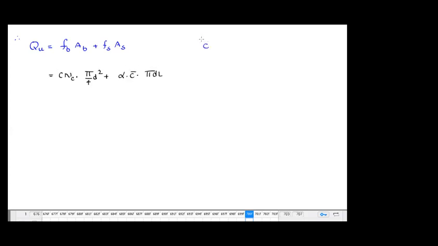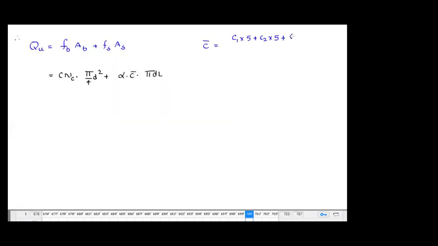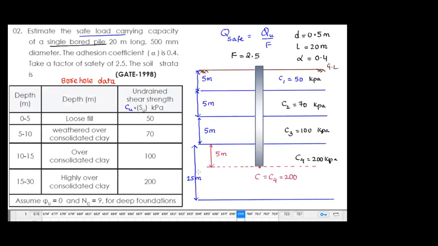C bar is nothing but the average. So what is the average? C1 into 5 meters plus C2 into 5 meters plus C3 into 5 meters, plus C4 into, should I take 5 meters or 15 meters?